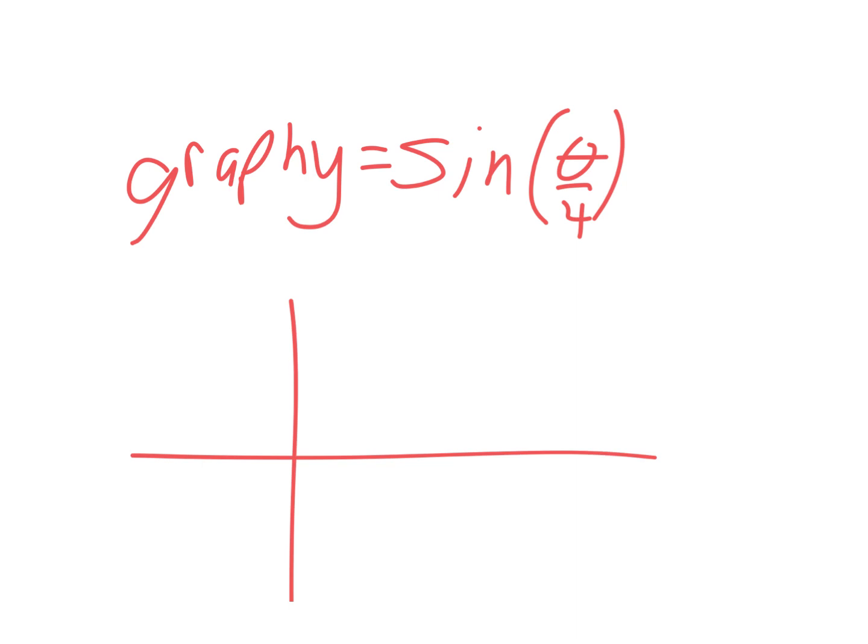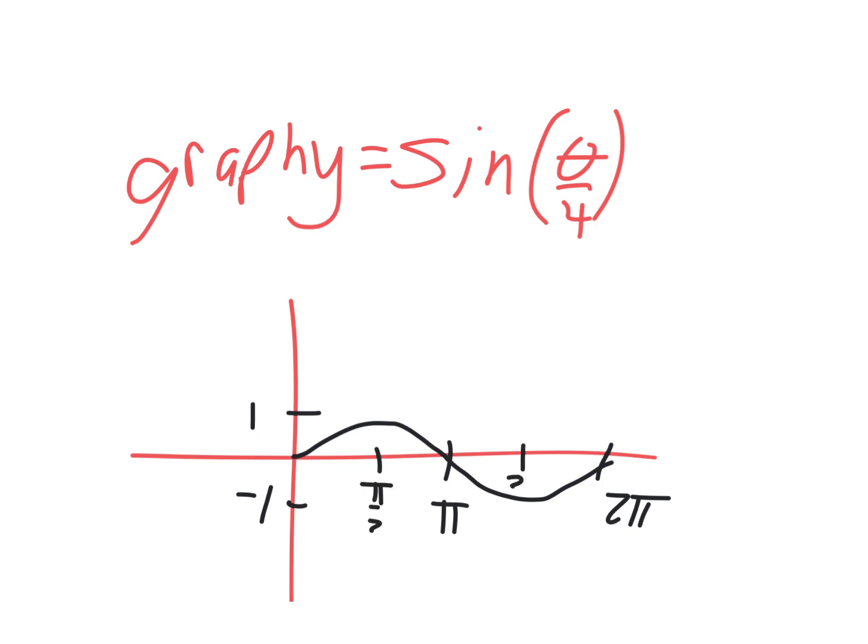And then do you remember what to do when there's a b term in there? Well, here's sine. Goes up to 1, down to negative 1, ends at 2 pi. That's pi over 2, 3 pi over 2. That should be like the back of your hand. No big deal, easy peasy.